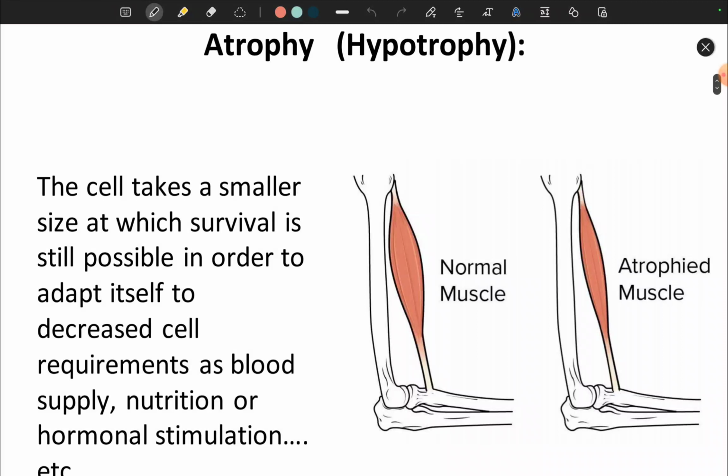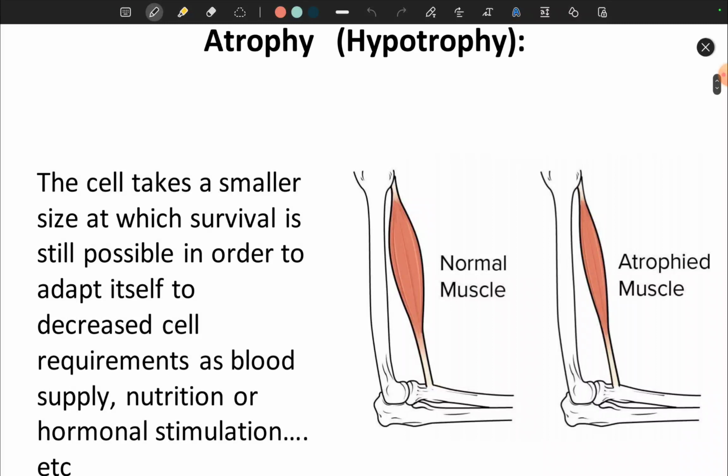Okay. So why is this happening to the muscle fiber? What is the pathogenesis behind it? There is usually a reduction in the requirement to live for this muscle. So either there is a reduction in the blood supply or oxygen supply, nutrition, hormonal stimulation, and so on. We have a list of causes. So the cells will not die, they will adapt.